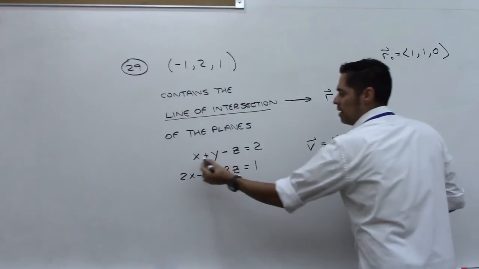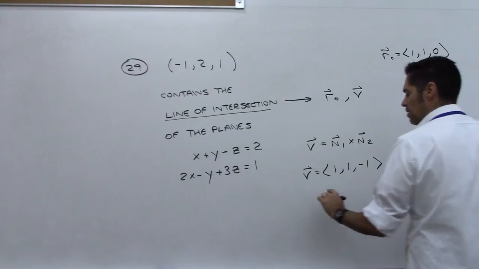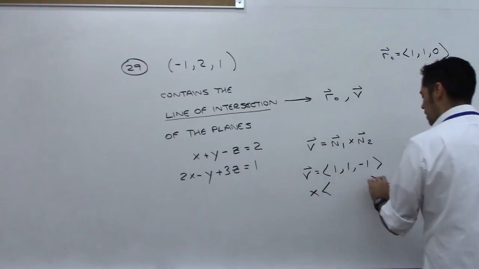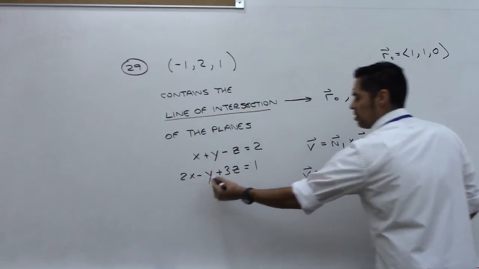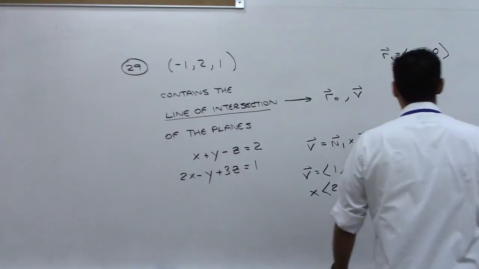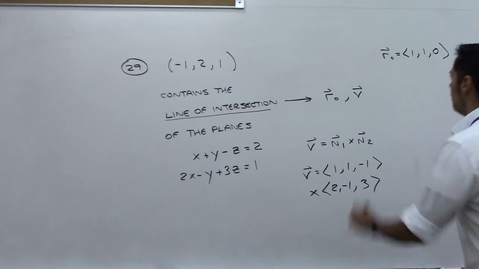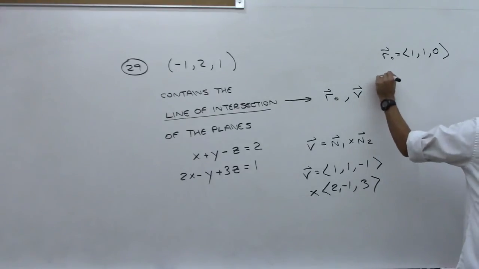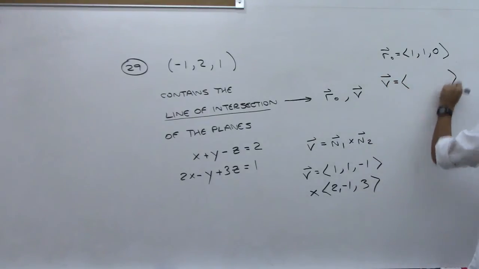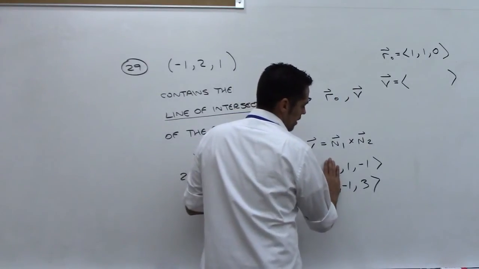The normal of this plane is 1, 1, negative 1. It's just the coefficients of x, y, and z. I'm crossing that with the normal of this plane, which is 2, negative 1, 3. And now I go ahead and get that cross product. I'm going to run out of room there, I'll put it up here. V is equal to, all right, so good old cross product here. Cover up the i.